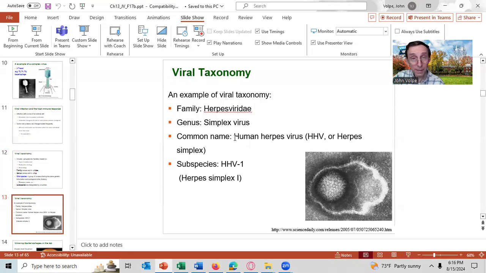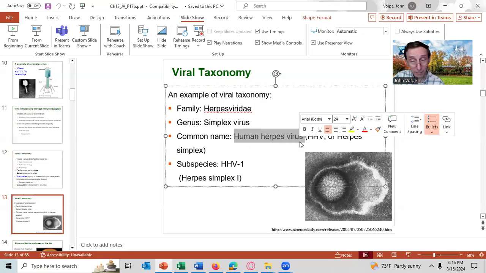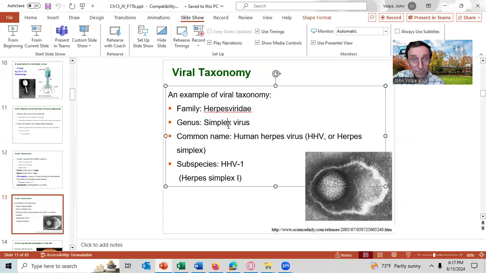However, the common name has not been widely adopted even by the medical community. So I'm not going to cover it very much, and we will actually use what most doctors use, human simplex virus, as well as most common people use human simplex virus. And then that's the species name, human simplex virus.